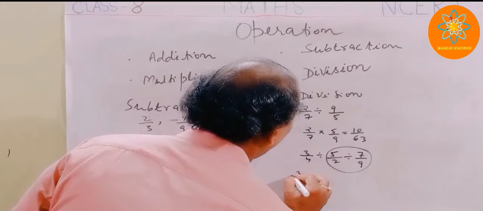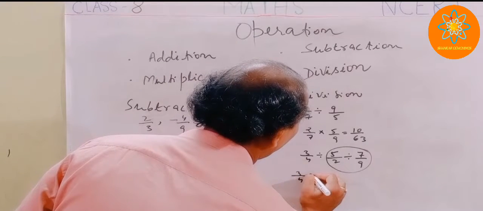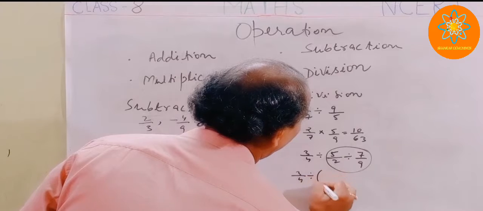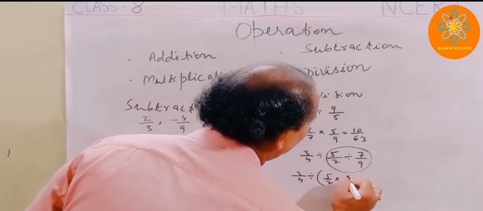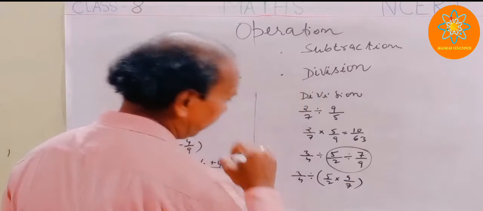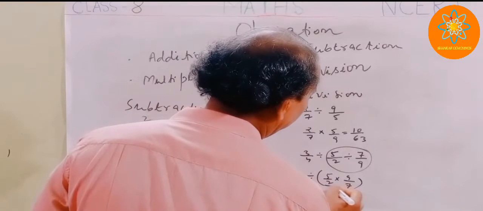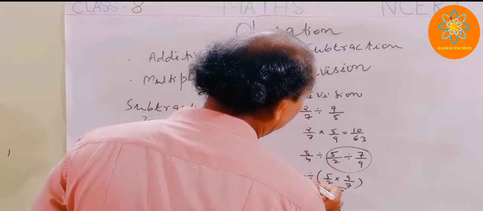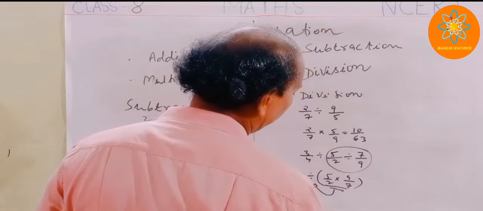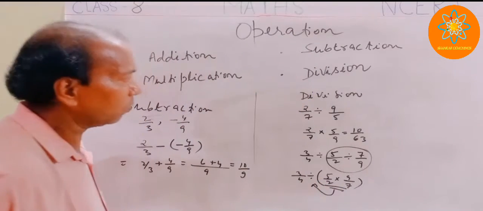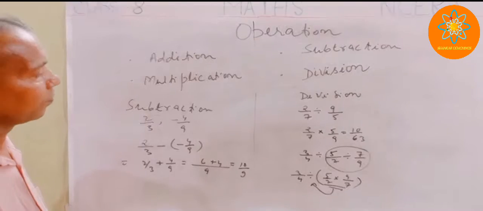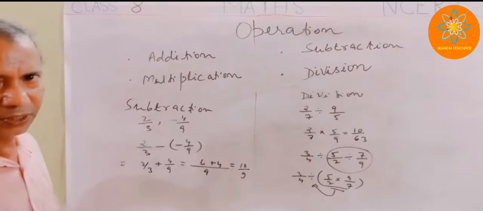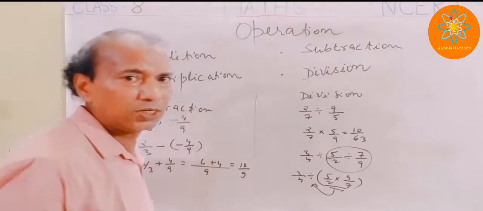So it will be in this way: 3 by 4 divided by 5 by 2 into 9 by 7, and whatever I get here, I apply the next step, changing this to multiplication. In this way we can do the different operations on rational numbers.